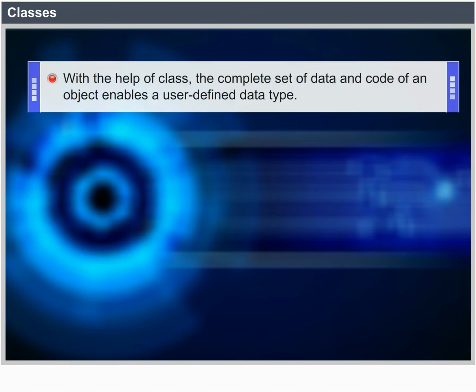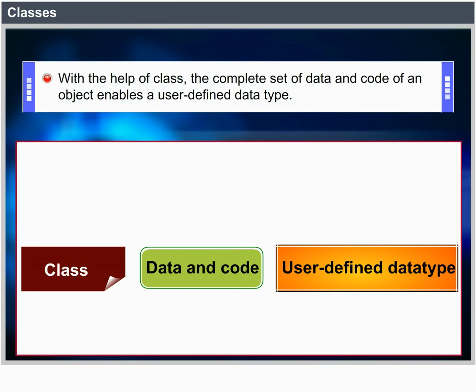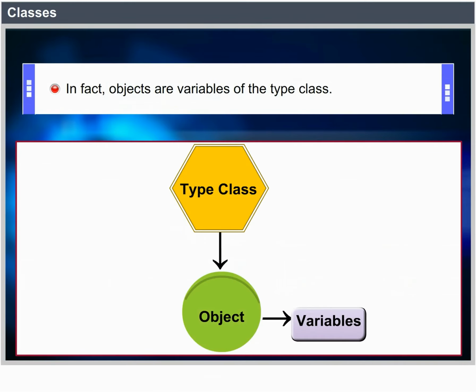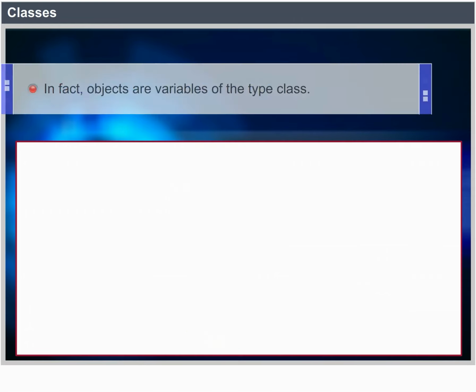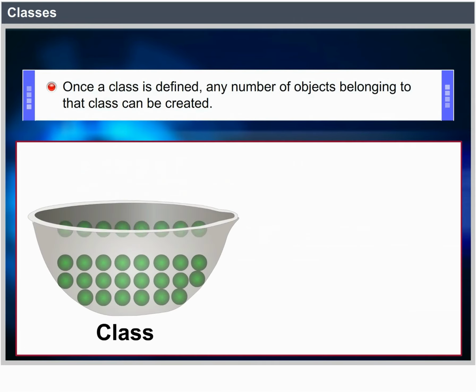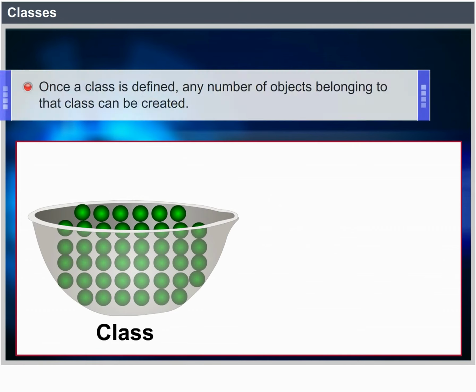Classes. The entire set of data and code of an object can be made a user-defined data type with the help of a class. In fact, objects are variables of the type class. Once a class has been defined, we can create any number of objects belonging to that class.